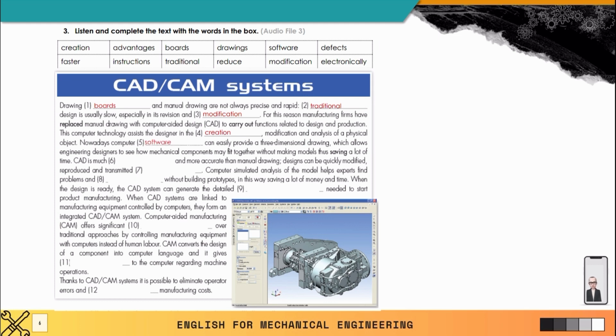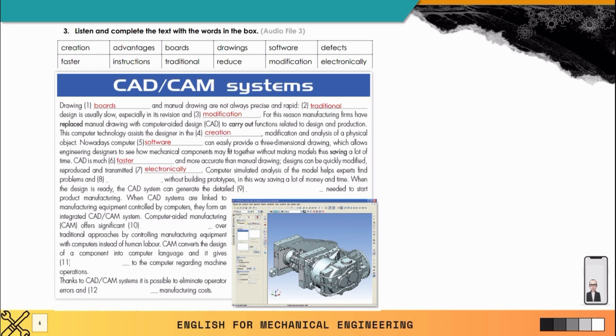Nowadays, computer software can easily provide a three-dimensional drawing, which allows engineering designers to see how mechanical components may fit together without making models, thus saving a lot of time. CAD is much faster and more accurate than manual drawing.